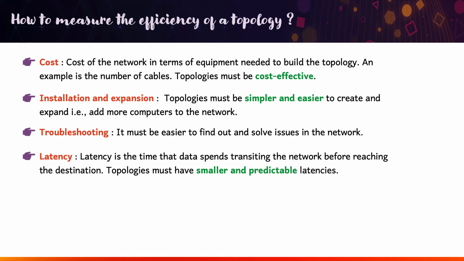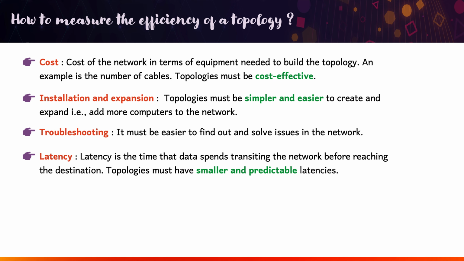Obviously, we want this amount of time that the packet spends traversing the network to be very small, right? Let's say you are downloading a movie from one computer to another computer. We want the download to be complete as fast as possible.